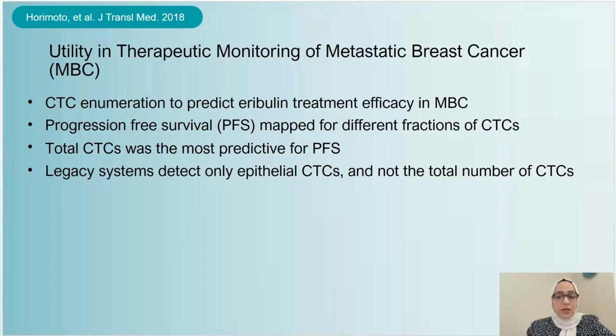They used a custom antibody panel to count both mesenchymal CTCs as well as epithelial CTCs. They have shown that not only do low CTC counts correlate with survival, but counting both epithelial CTCs as well as mesenchymal CTCs gives better prognostic indications.